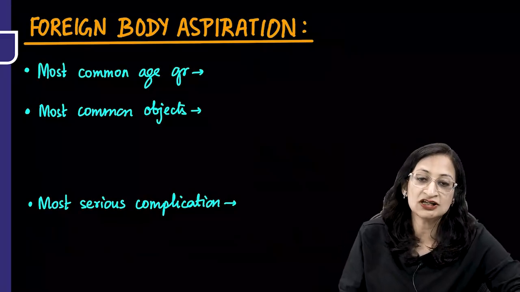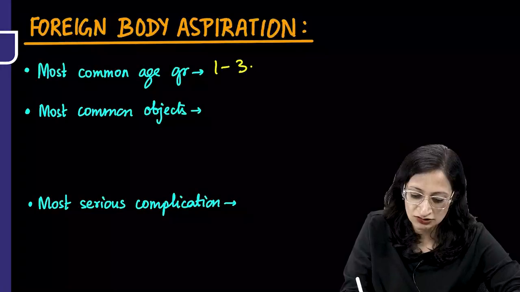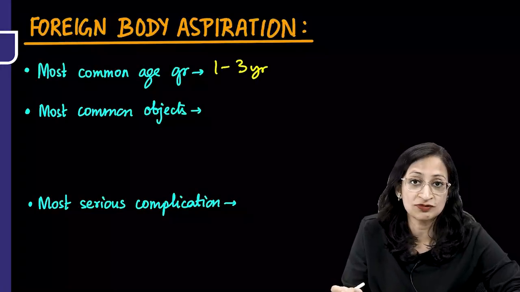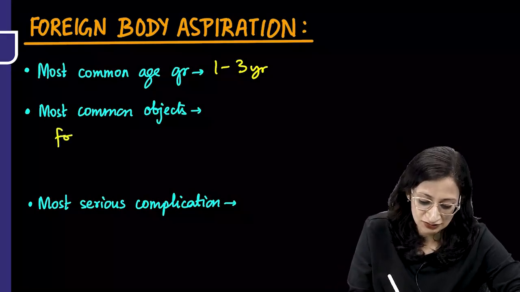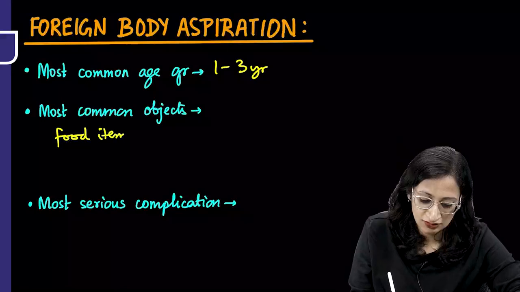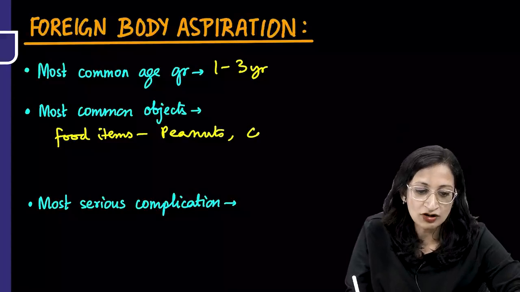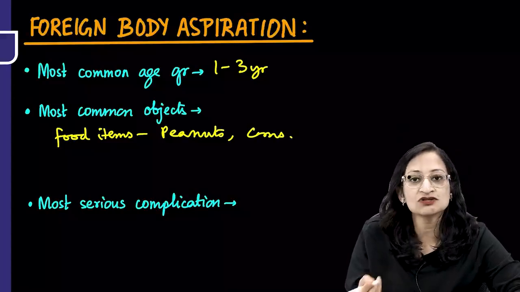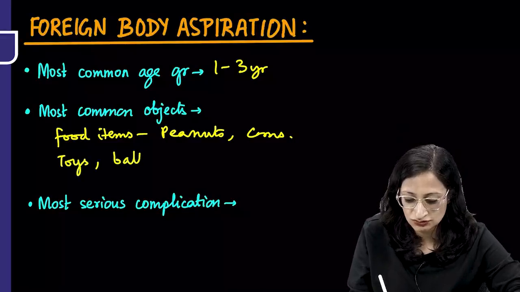The most common age group involved is the infant and toddler age group. So, 1 to 3 years is the most common age group involved, and the most common objects are some food items like peanuts and corn, and some small toys and balloons.